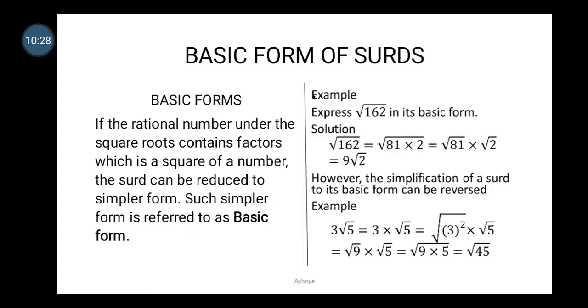So we just take the square root of the square of 3, therefore giving us square root of 9 times square root of 5. And therefore, according to rule 1, we can combine the two numbers under one square root, which will give us square root of 9 times 5. And 9 times 5 is 45. So that will give us square root of 45. That is, 3 root 5 is equivalent to square root of 45.